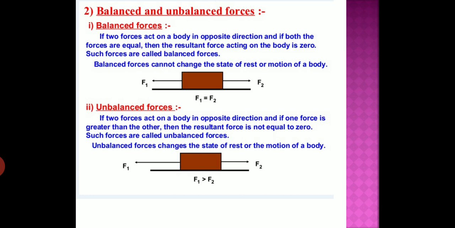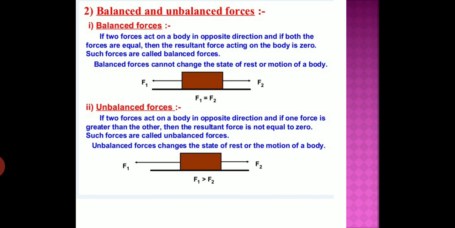If two forces act on a body in opposite directions and the forces are equal, the resultant force acting on the body is 0. If you apply a force of 20 Newton, what is the unit of force? We have discussed in the earlier video, Newton. So if F1 is 20 Newton and F2 is 20 Newton, they cancel each other.